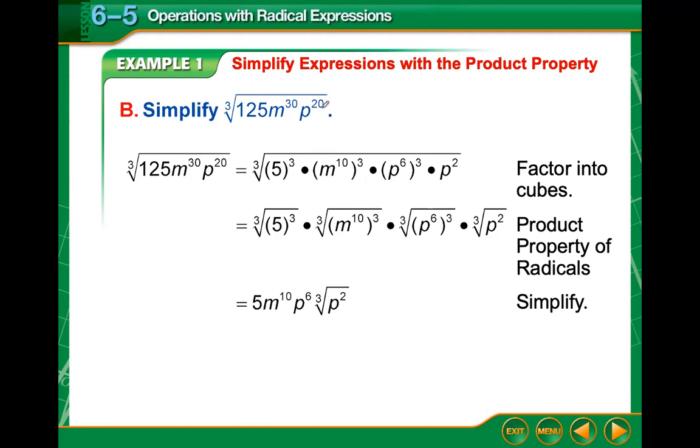You can think of doing division: 20 divided by 3, I get 6 with a remainder of 2, because I do minus 18 and we get 2. The 6, our quotient here, would be my outside exponent. My remainder would be my inside exponent.